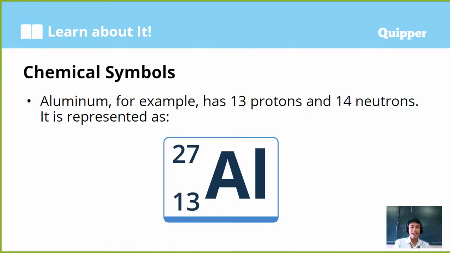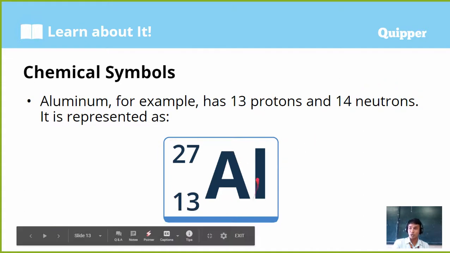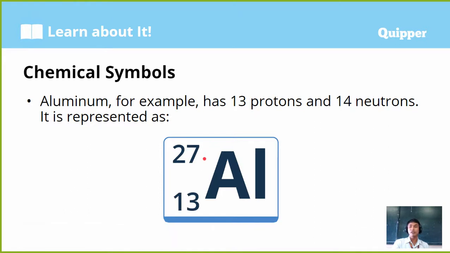14 po ata, sir. Okay, so 14 is the correct answer. So, given pa lang dito sa statement, 13 protons and 14 neutrons. So, it's very easy. How do you get 14 out of this symbol? You just subtract 27 minus 13. 27 is the atomic or mass number, atomic weight, that pertains to the same thing.